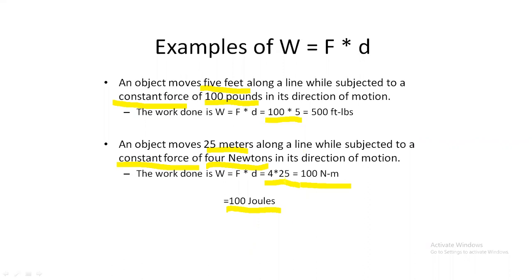These examples are easy because your force is constant in the direction of the displacement of the object. For example, you applied a force horizontally, but your object was displaced vertically. Is there work done by that particular force? The force applied to your object is horizontal in direction.